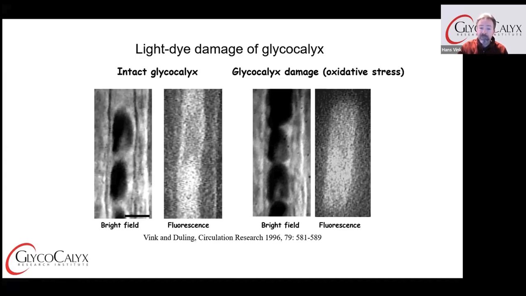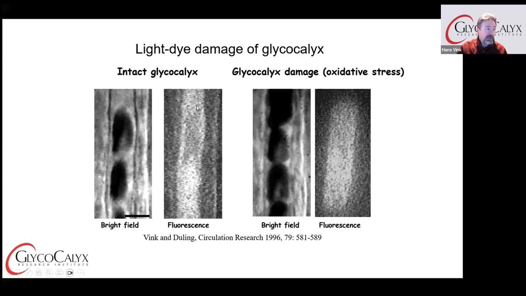Before we had the Glycocheck system, one way of assessing glycocalyx dimensions was measuring the gap between the red cells and the endothelium, and comparing the width of the plasma column before and after damage. You can subtract the narrow column from the wider column, or similarly, inject two different molecular weight dyes: a high molecular weight dye that would distribute only in the center, and a low molecular weight dye that would easily diffuse into the glycocalyx.